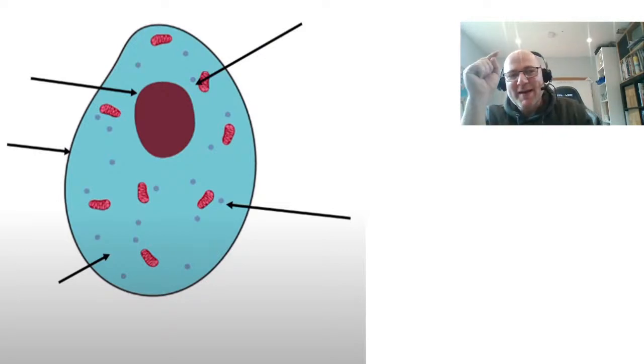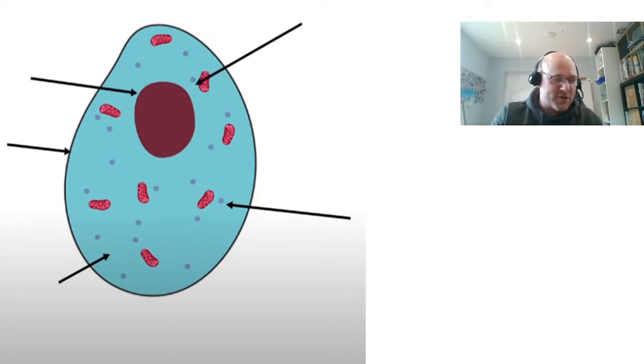So, gonna go through cells to start with. First thing, what are the 5 labels that are on this diagram of the cell? See if you can put up in the chat the 5 labels. Right, let's get into it.